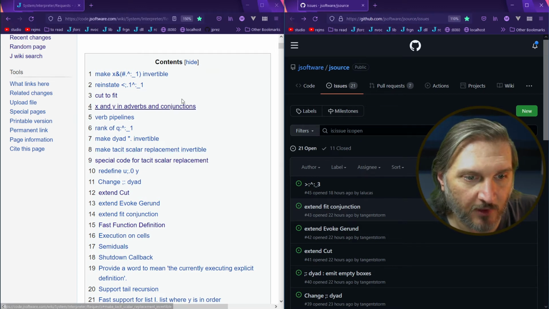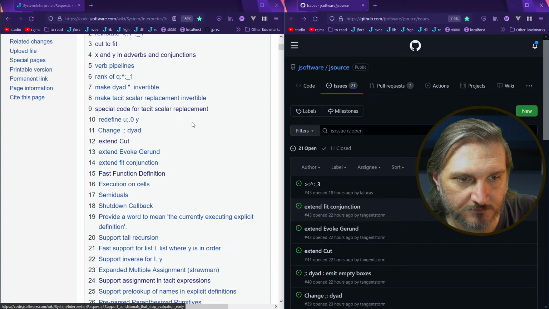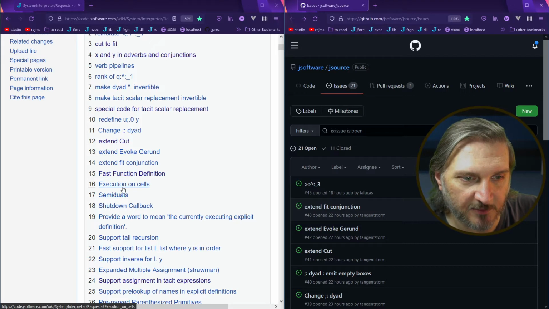We'll see. Okay, so anyway, where we left off was we went down this list and we got to about extend, yeah, if these are numbered, so this is extend fit conjunction. I skipped fast function definition because that's already implemented.